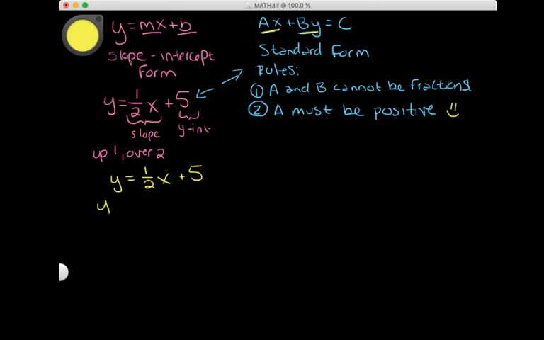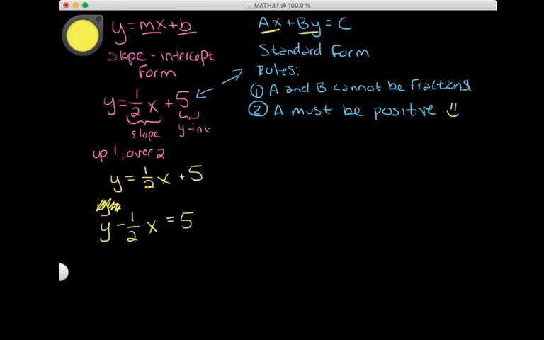So I have y minus 1 over 2x equals 5. I have that positive 5 over on the other side.